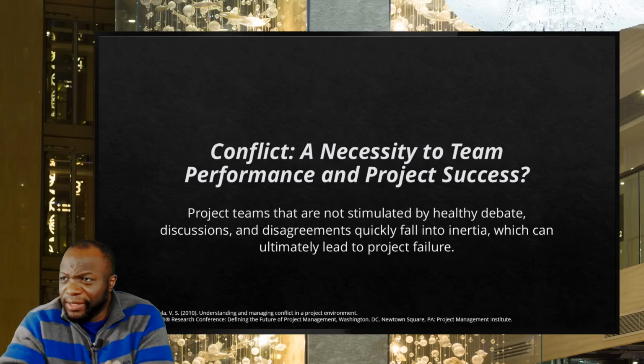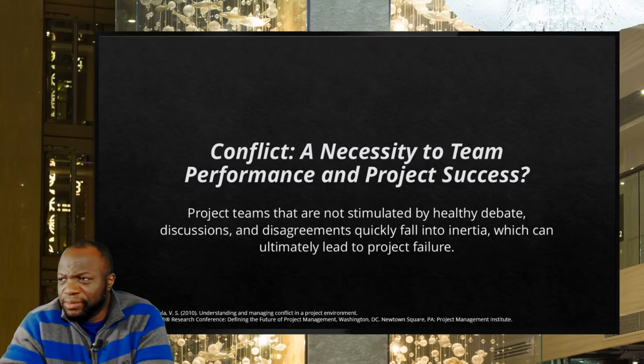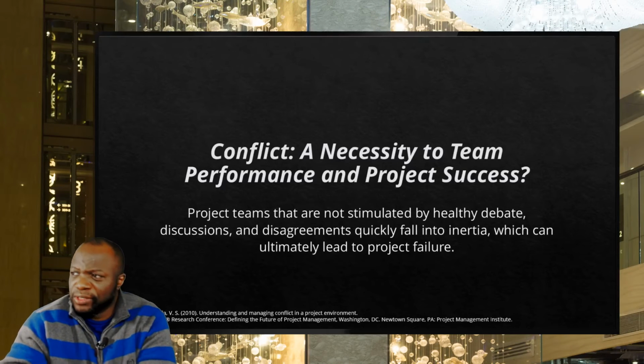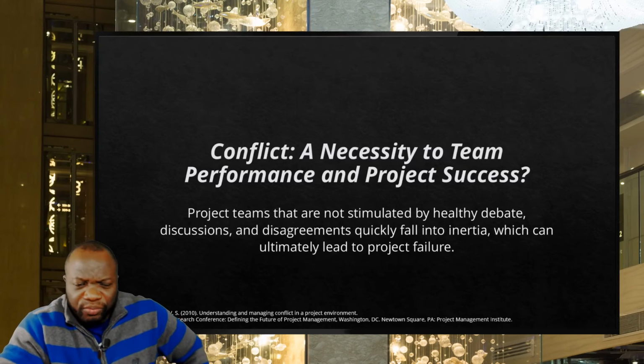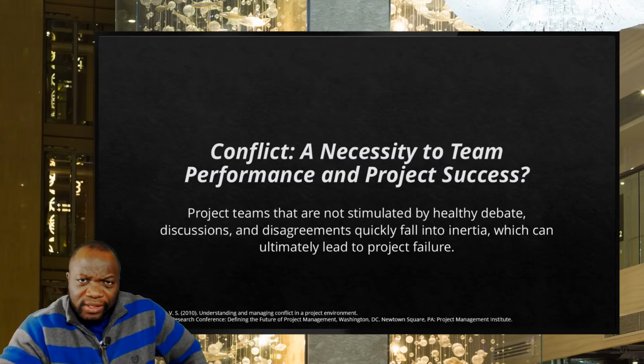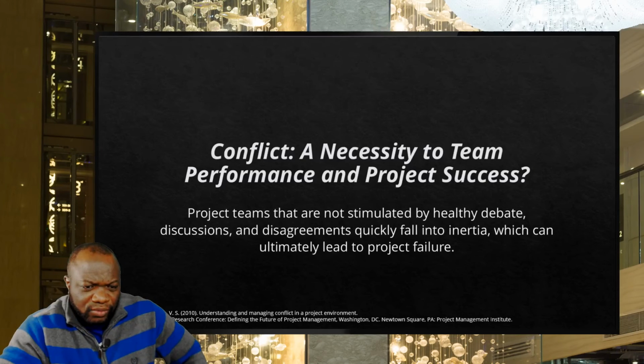As it says on the screen, conflict, a necessity to team performance and project success. Project teams that are not stimulated by healthy debate, discussions, and disagreements quickly fall into inertia, which can ultimately lead to project failure. So it is important to realize conflict is inevitable, but it's very possible to solve the conflict.